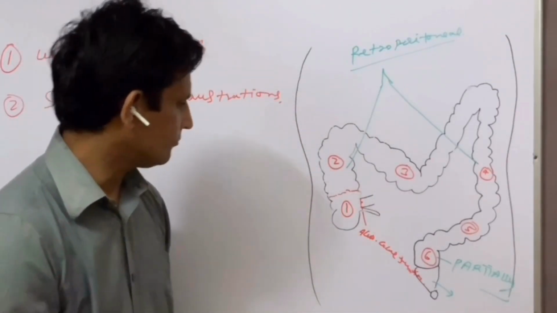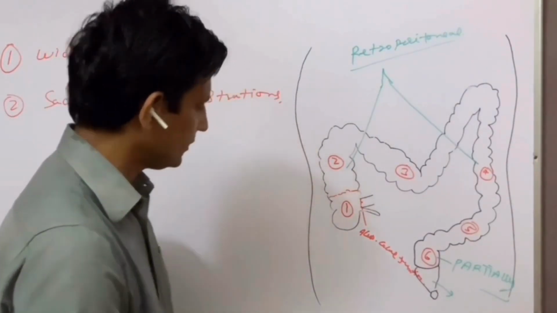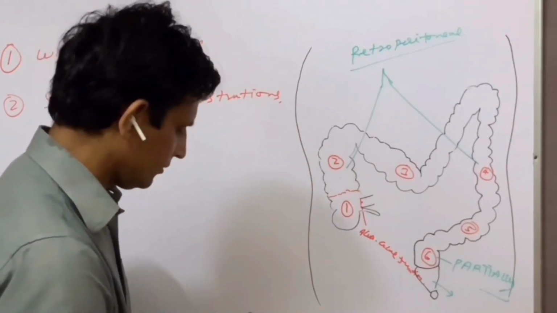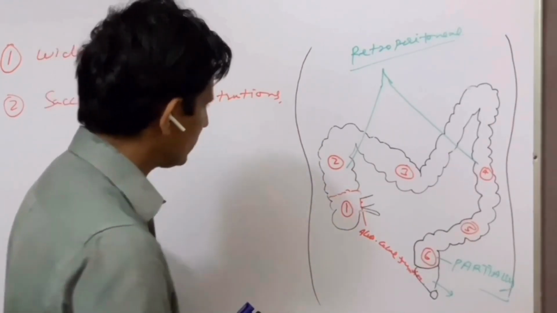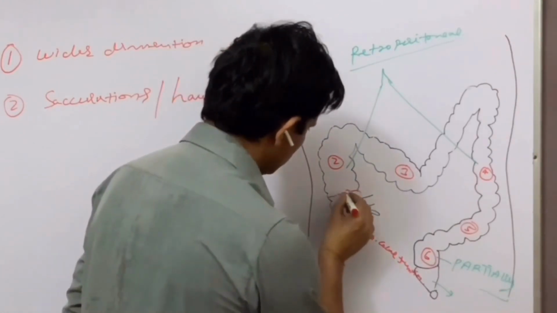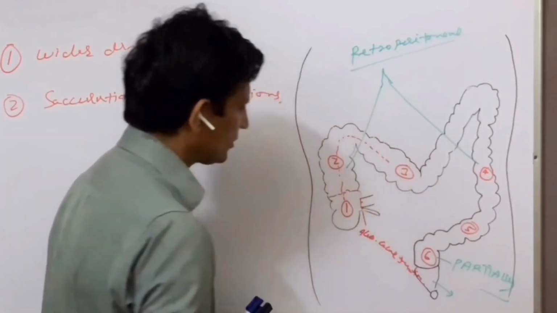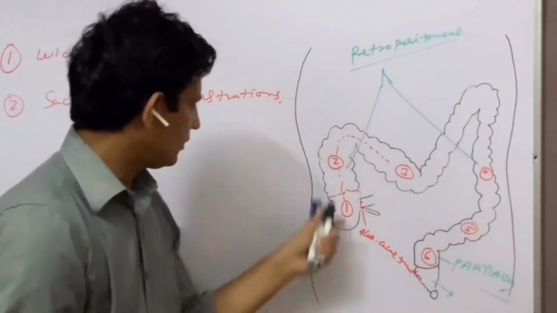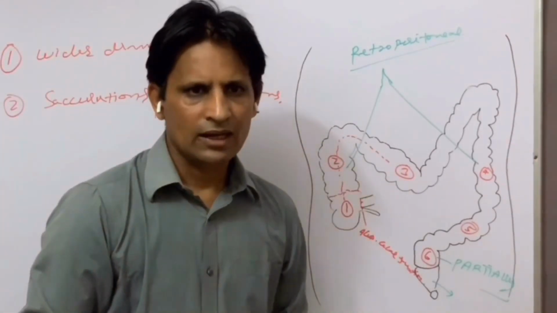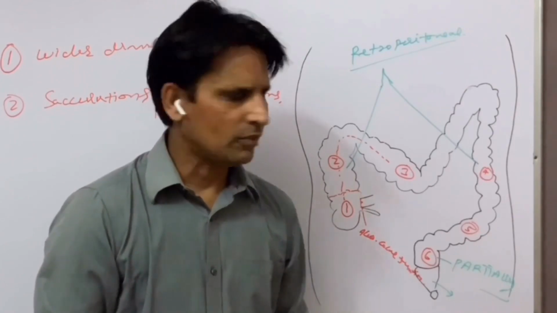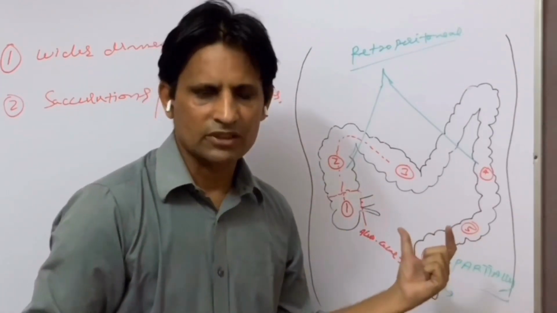And one more thing, if you look at the large intestine, you will see a band of muscle on the wall, and these are normally bands of longitudinal muscle fiber.